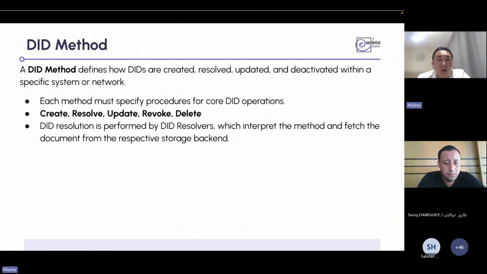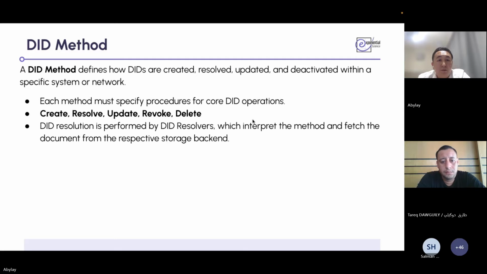Okay, so now we have DID methods. A DID method defines how these decentralized identifiers are created, resolved, updated, and deactivated within a specific system or network. Each method must specify procedures for core DID operations.